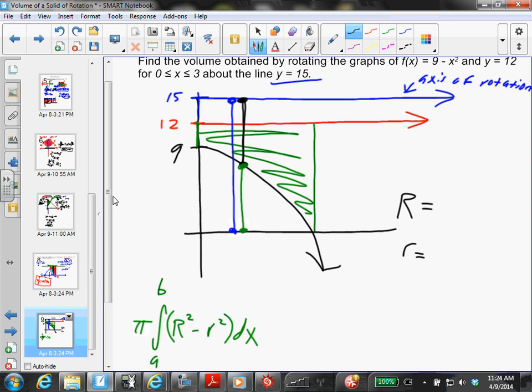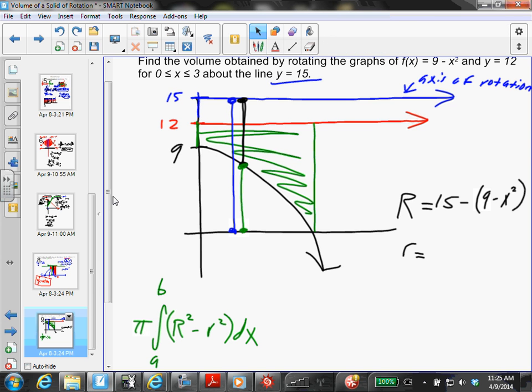It would just be the 15 minus the green line, which is the distance from the x-axis to the curve, which is given to us by the function, right? So it would be 15 minus the function, and the function in this case is 9 minus x squared. So that would be our large radius.